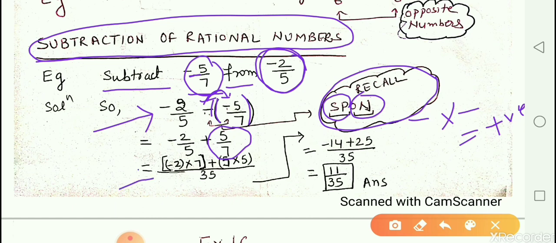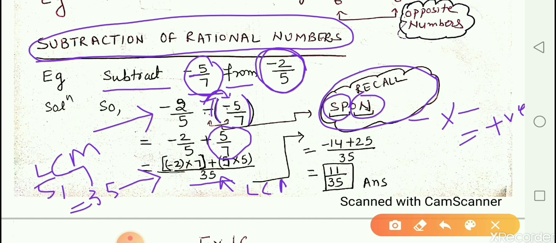Now here the same method we have applied. We will take the LCM of 5 and 7. The LCM of 5 and 7 is 35. Here we have written the common LCM, and for the numerator we see 5 is multiplied by which number so that we can get 35.